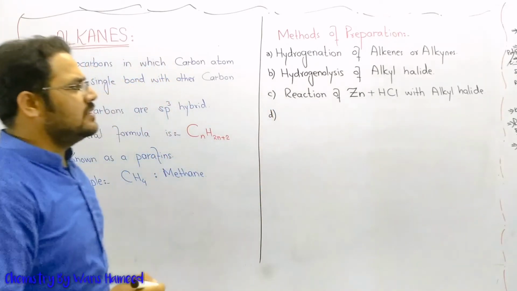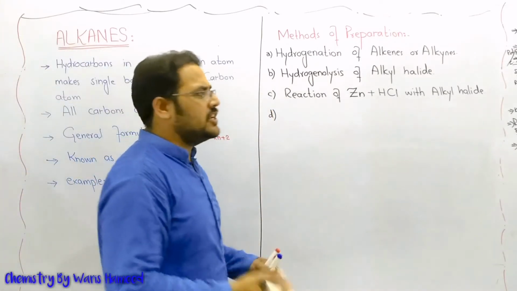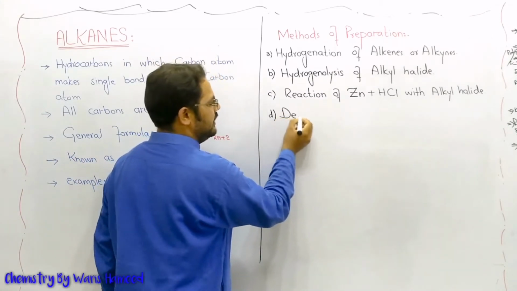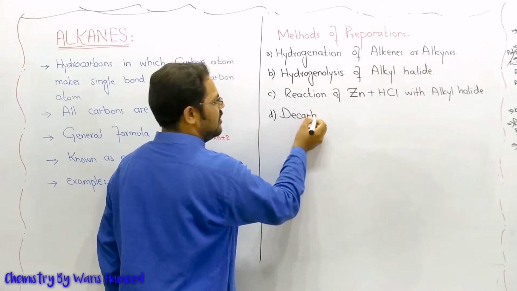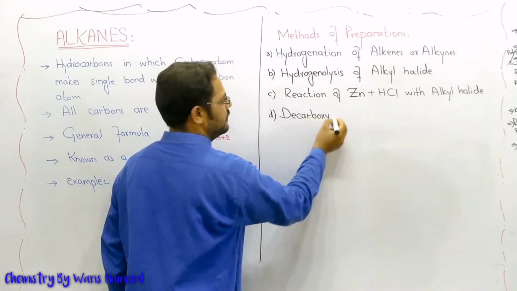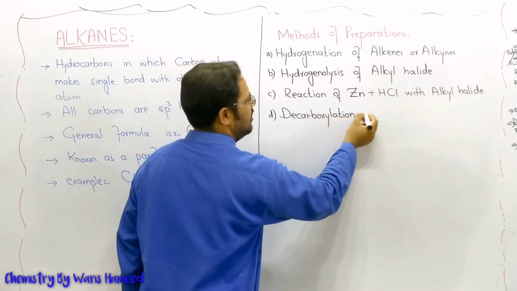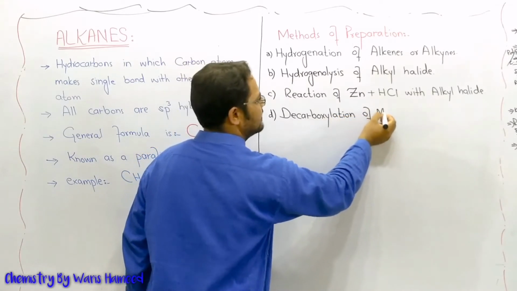The fourth method is decarboxylation of monocarboxylic acid.